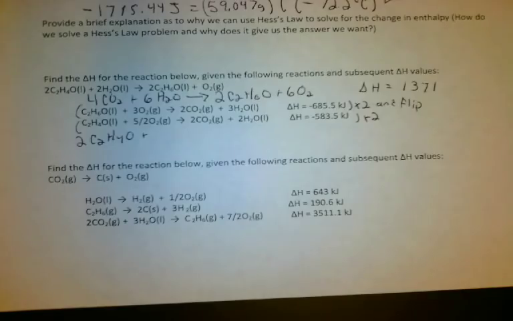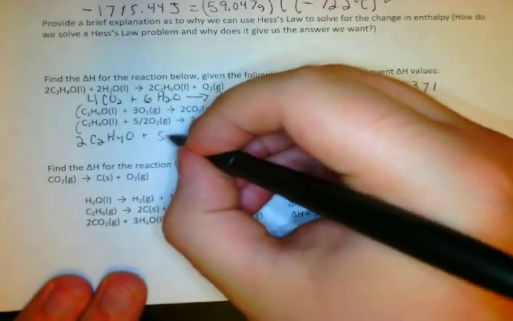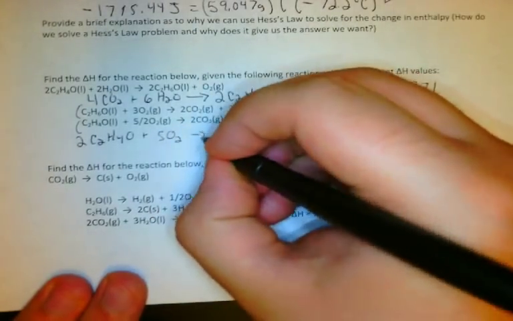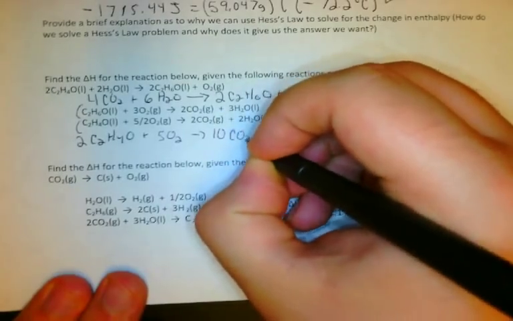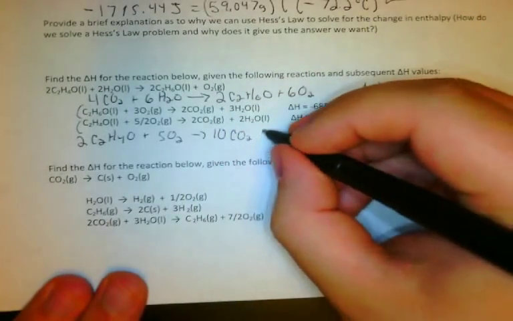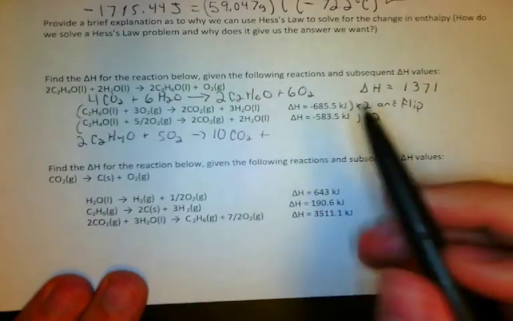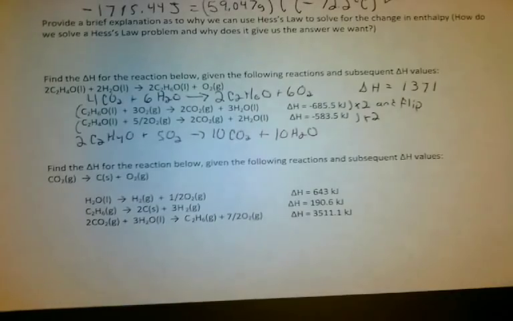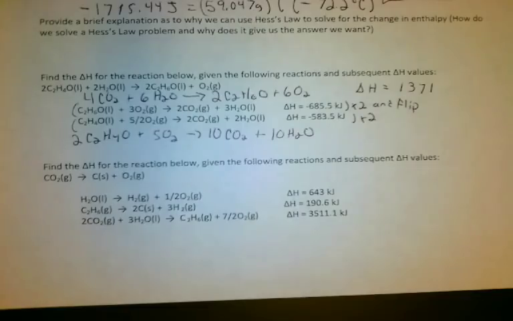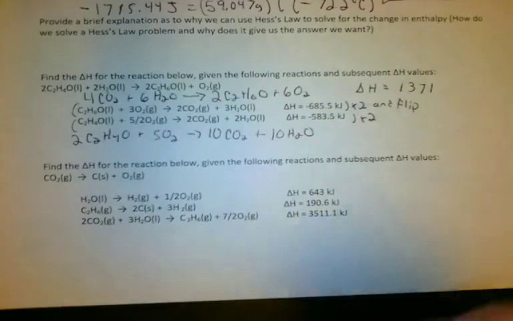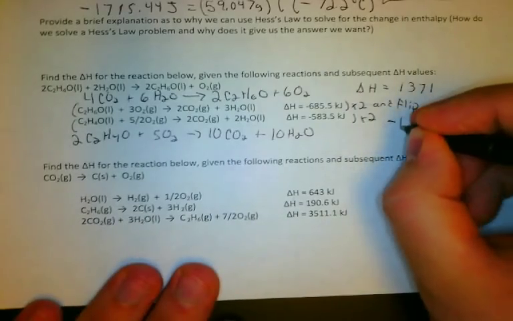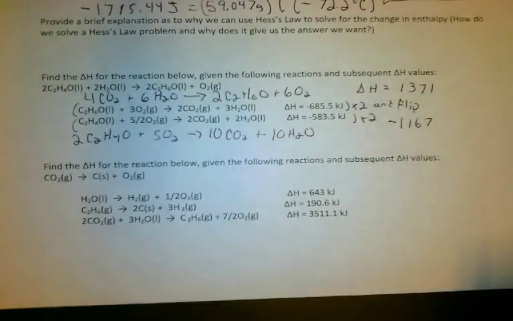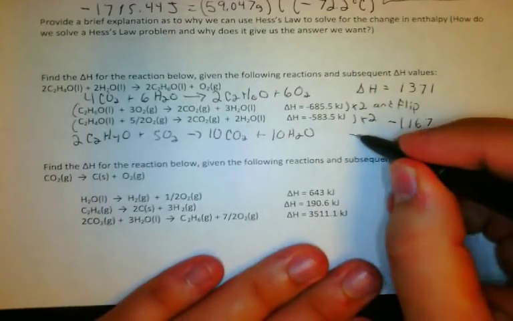So if I multiply that by 2, it is 5 O2. 10 CO2. And if I look right here, that is 10 H2O. And my number should stay negative. I should just multiply it by 2. So it should be negative 1,167. Now, these are the only 2 steps that they gave us.